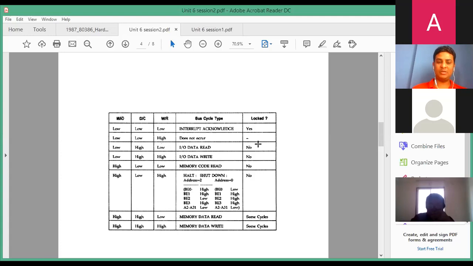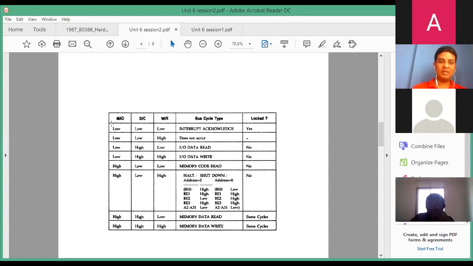Whenever we have bus arbitration, if the bus is not granted to any of the components, then the lock pin is asserted, which is active low. So we'll be checking the same here.